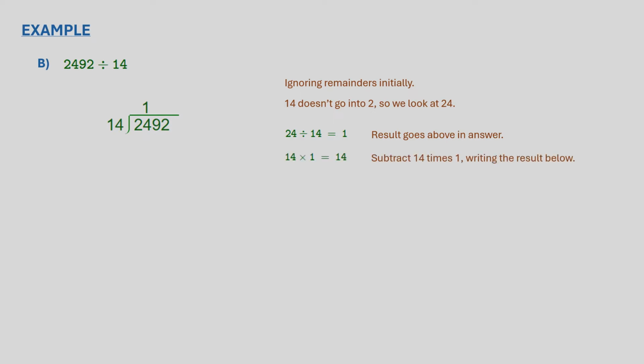Like before, the first division result multiplies the divisor 14, then we subtract this number, writing the result below. So now we bring down the next digit in the dividend, which here will give us 109.